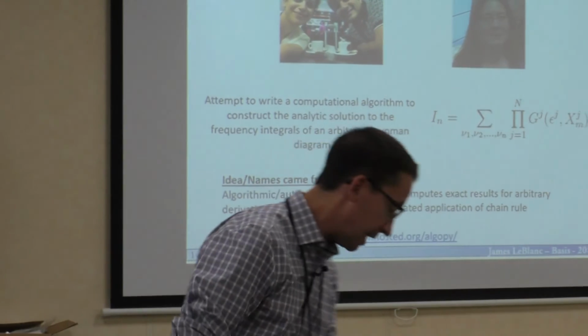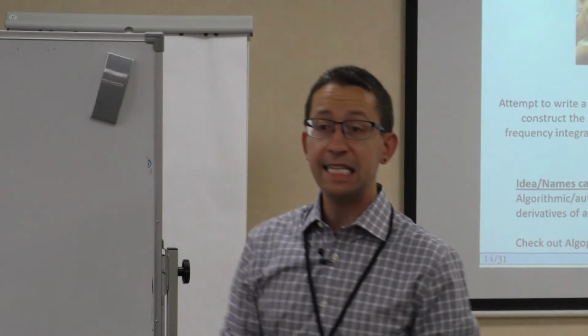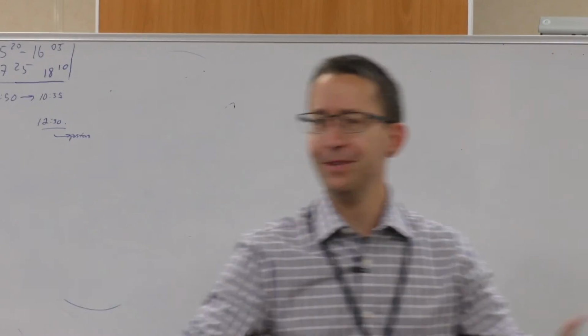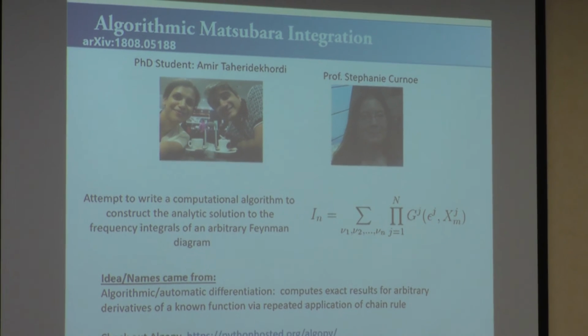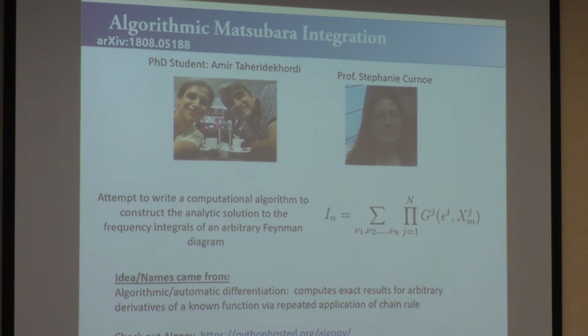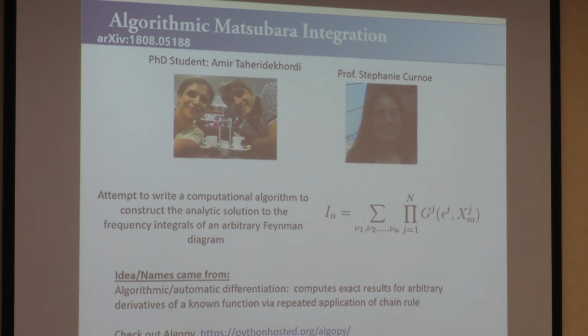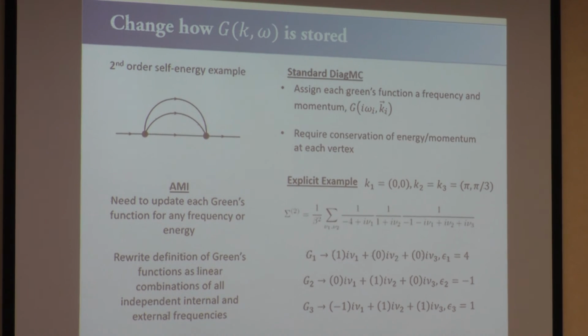In that case, it's a repeated application of chain rules, just the idea that you can do high-order derivatives by just taking one derivative and then another, and then another. If you're interested in that, you can check out Python implementations like AlgoPy. It works super fast, and it's the same amount of time on a computer as just evaluating the functions.